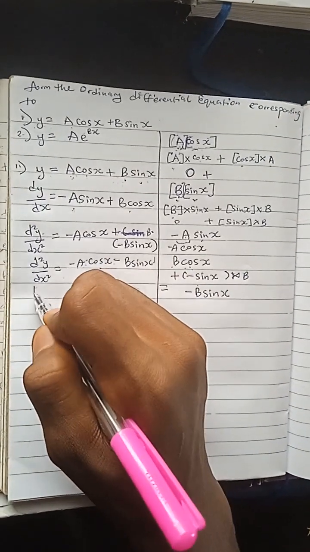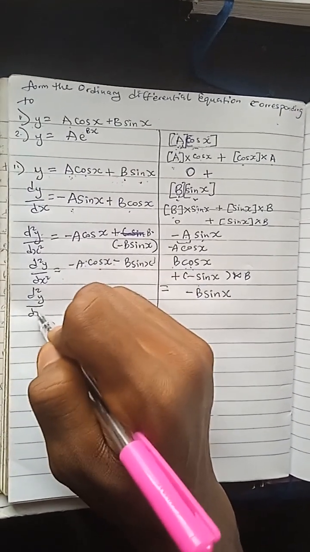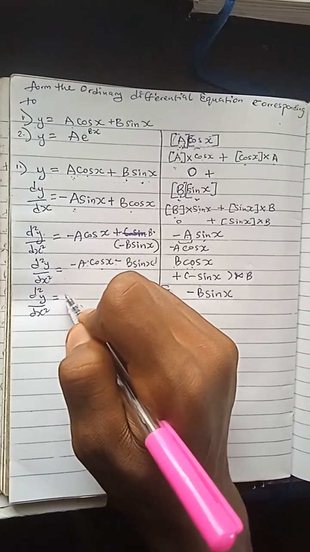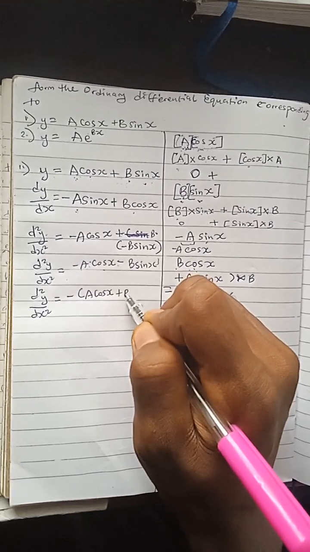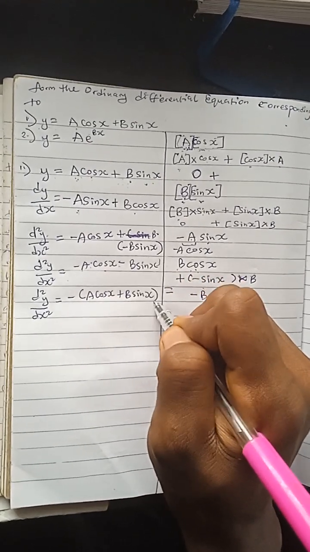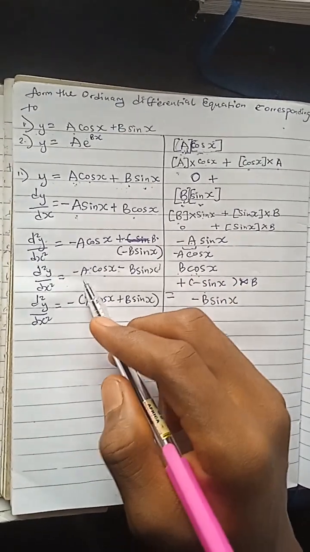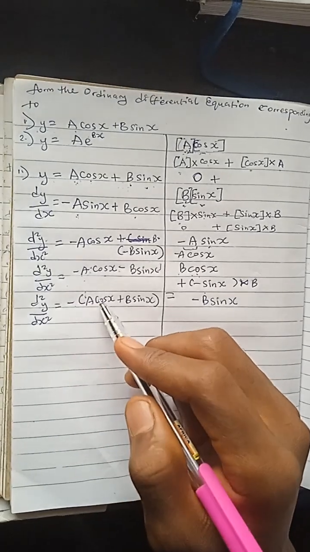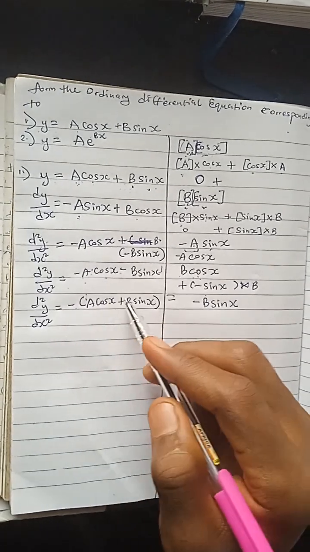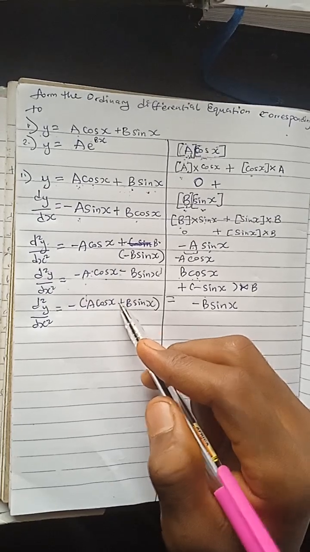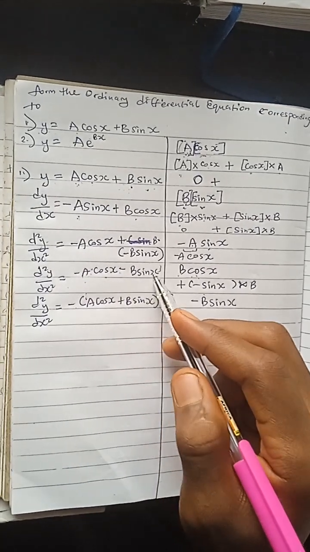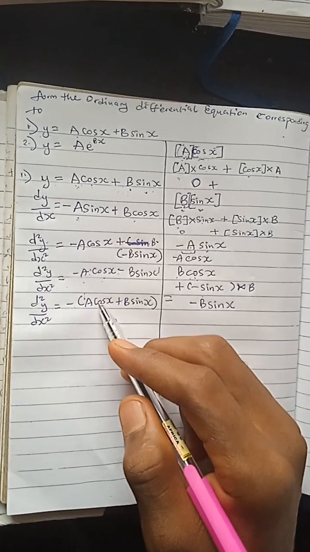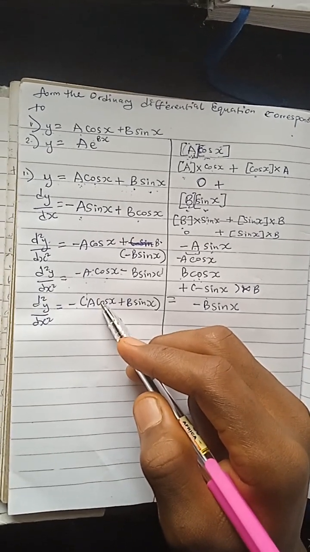So we can still say d squared y over dx squared is equal to minus bracket a cos x plus b sine x. This is still the same thing, because this minus will multiply what's here, giving minus a cos x, and this minus will multiply this plus, giving minus b sine x. This thing here is the same as the expression in the equation.